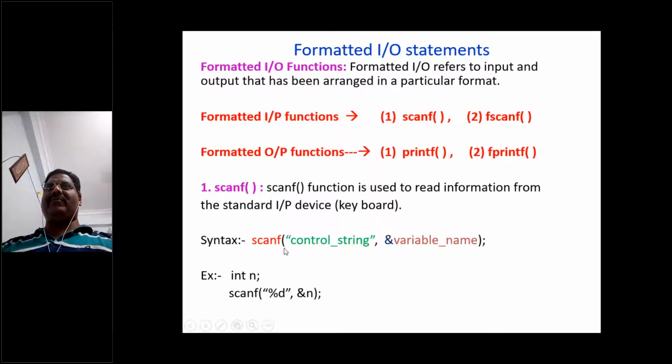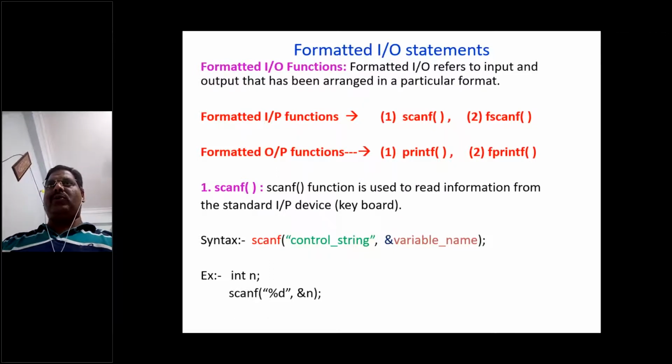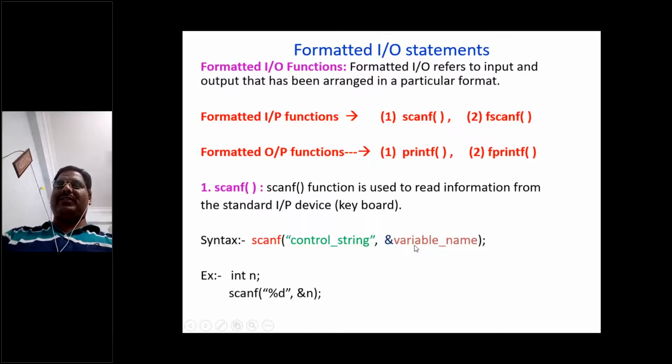The scanf is the keyword. Within the brackets, we have the control string, which is the percentage %d, the format specifier, within double quotes, and then a comma, followed by an ampersand and the address of the particular variable. In that address of the variable, the value given from your keyboard is stored.